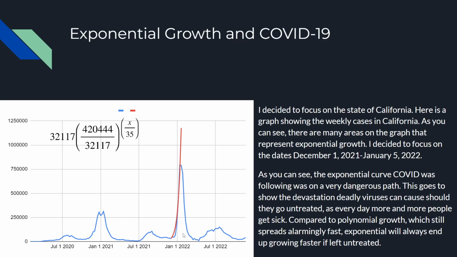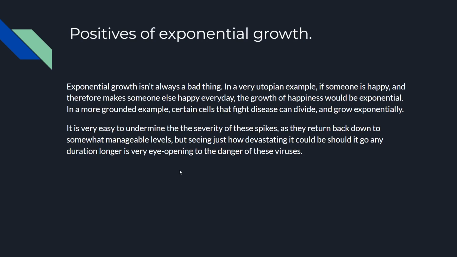And I even wanted to have this function, the red line, go a little bit farther, but if I were to let it go just one more week, one more unit, it would have dwarfed the actual cases from California. So this was the best representation.